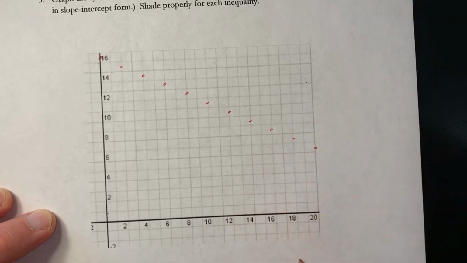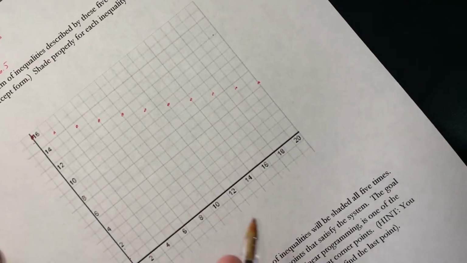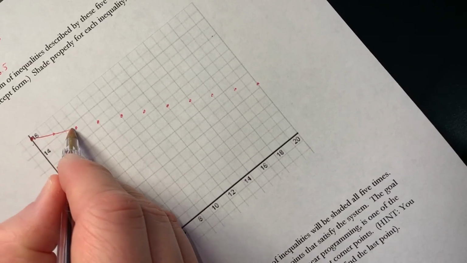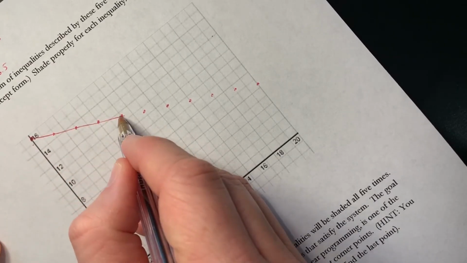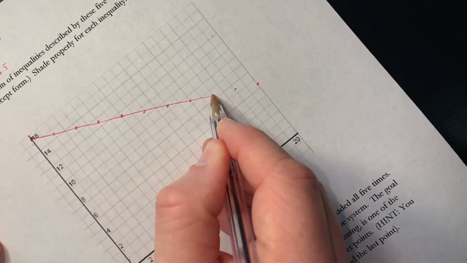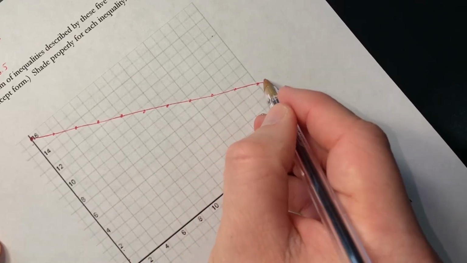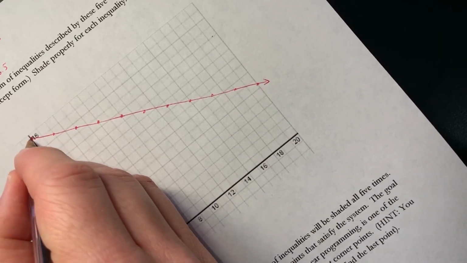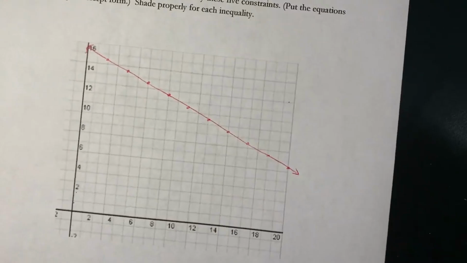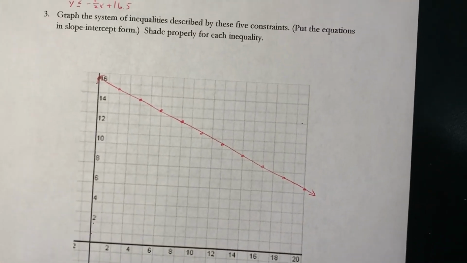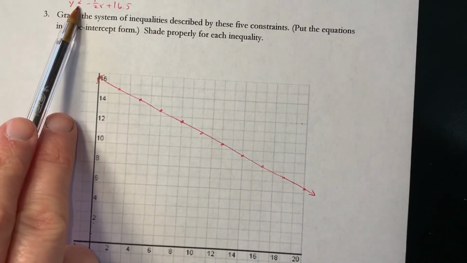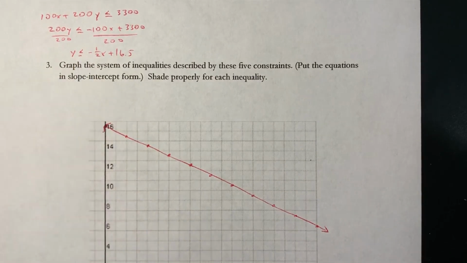Okay, so that's where our first line is going to be. Now, as an inequality, it's not just that line that satisfies the inequality, but everything that is less than or equal to that line. So what I'm going to do is test the origin, (0, 0).